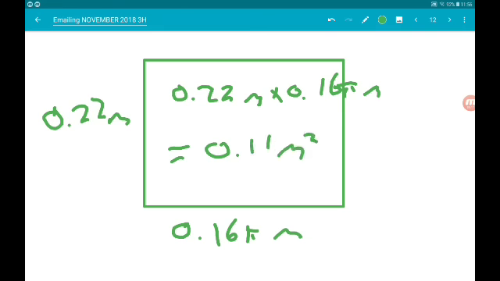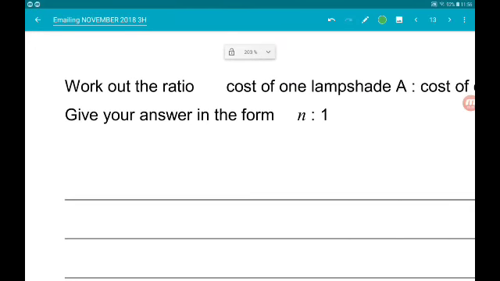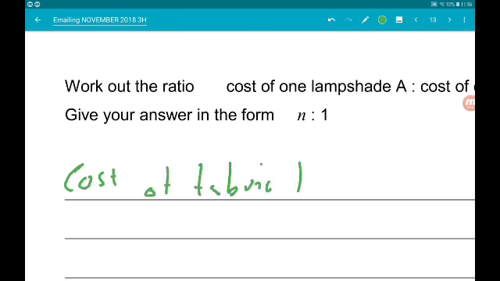So now that we know the area of fabric for A, we can work out the cost of fabric for A. So the cost of fabric for A, well, we know the area is 0.11 metres squared.